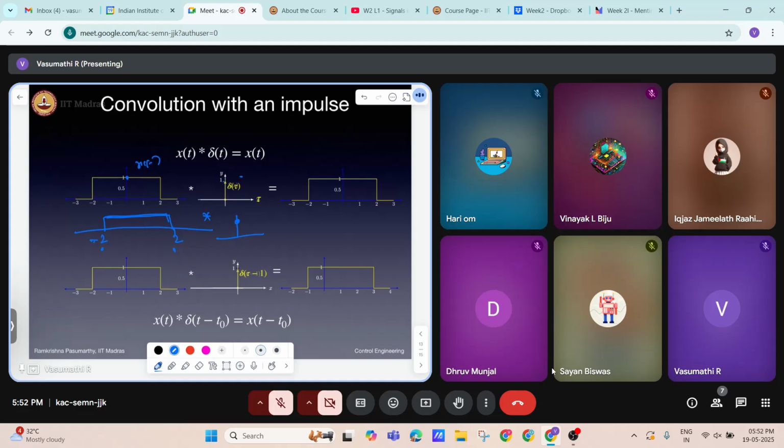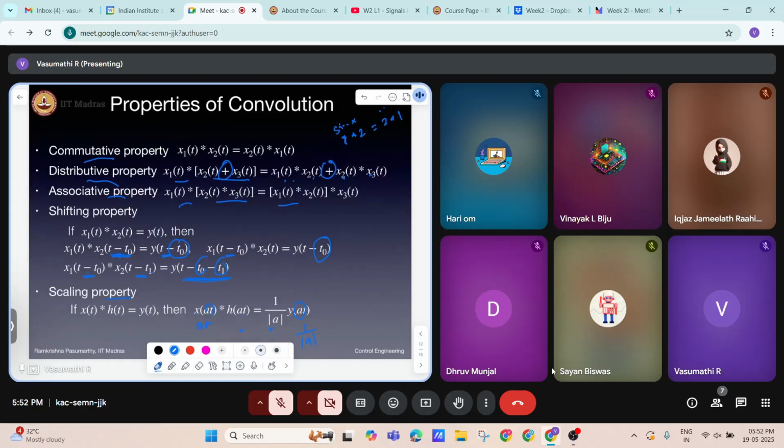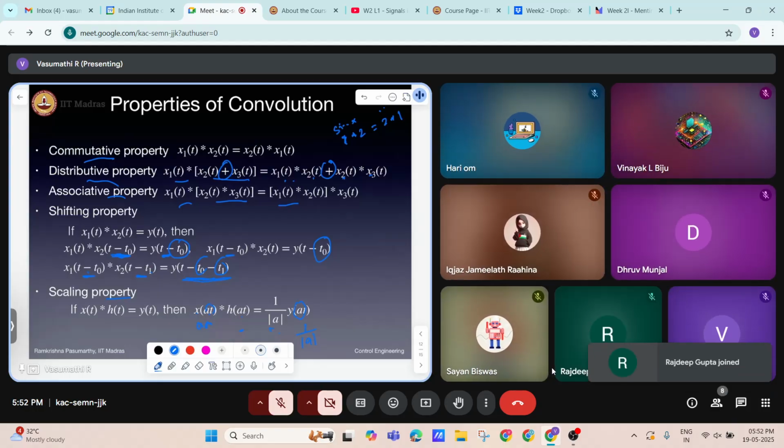But when this impulse response is time shifted, instead of giving this impulse at 1, I am giving it with a delay of -1. What if it is? When we saw the shifting property, when there is some time delay in the input signal, there will be the same time delay in the output signal also.